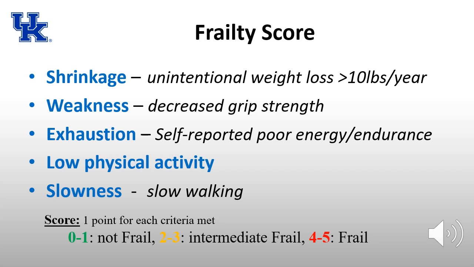So after assessing the cognitive function, now the question is the overall functional status and how frail our patient is. The process we are recommending here is the Frailty Assessment, giving a Frailty Score. You see those 5 criteria: shrinkage, weakness, exhaustion, low physical activity, slowness.